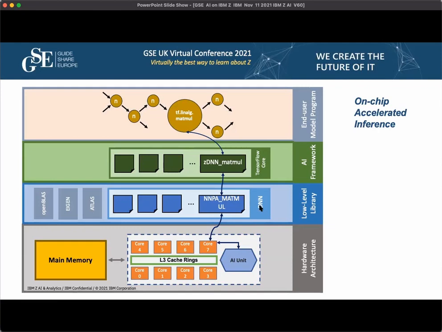ZDNN, you can think of it as analogous to cuDNN. It's a software library that has all the operations that our AI accelerator here at the bottom would accelerate. It will issue this new Neural Network Processing Assist instruction that we're adding, which is part of the embedded AI accelerator on the Telum chip, with the function code of matrix multiply in this case.